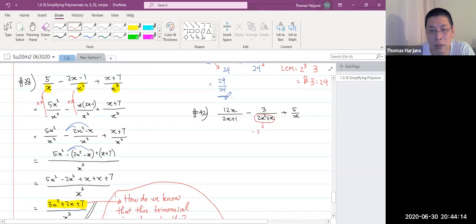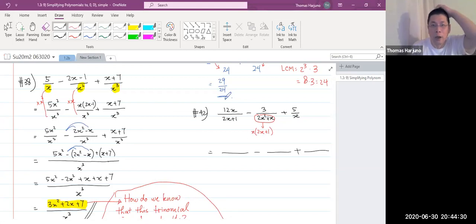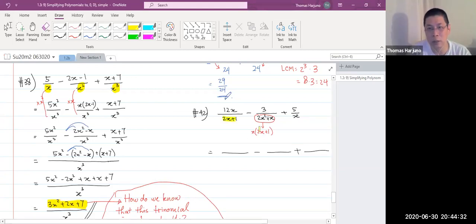That's x times 2x plus 1. Then from there you see, can you tell what's the LCD? You have 2x plus 1 as the factor. The highest exponent is just 1, right?